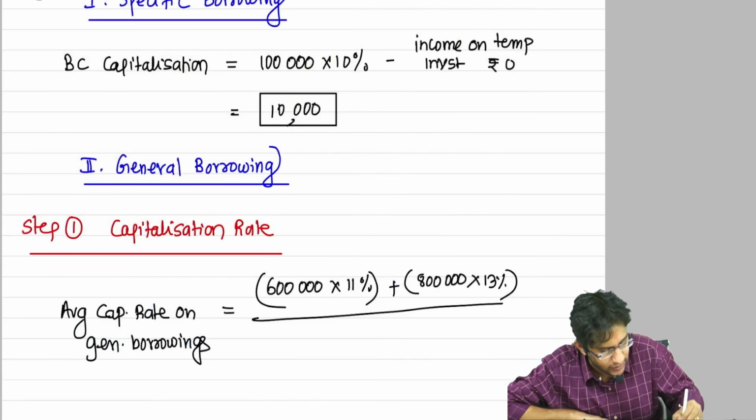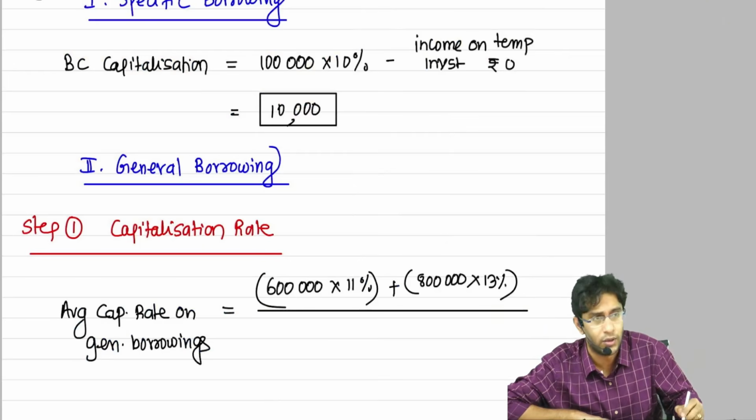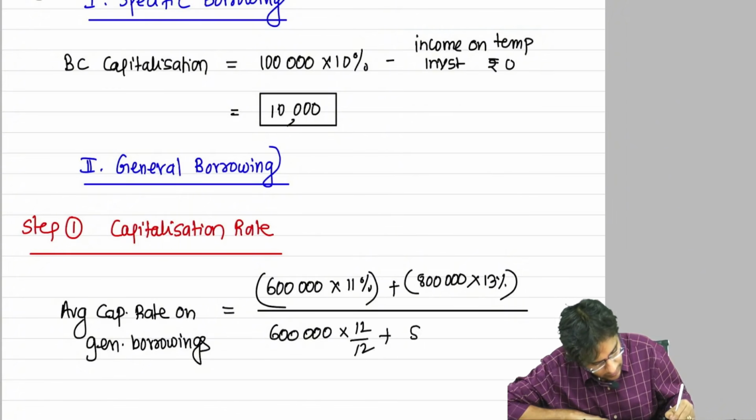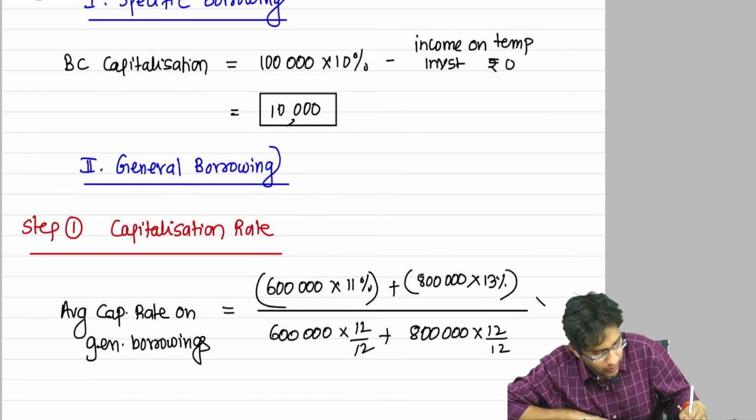Nothing is given, means the borrowings are outstanding throughout the year only. 6 lakhs into 12 by 12, 8 lakhs into 12 by 12 into 100.